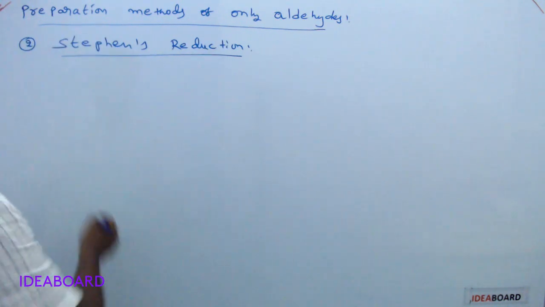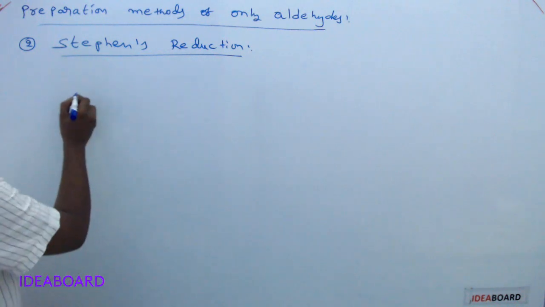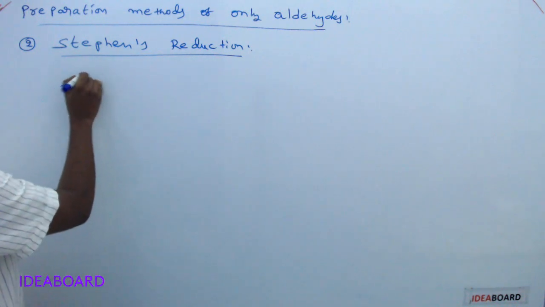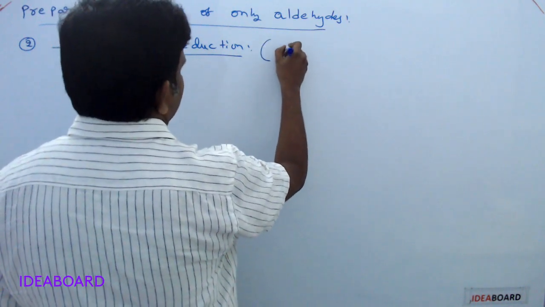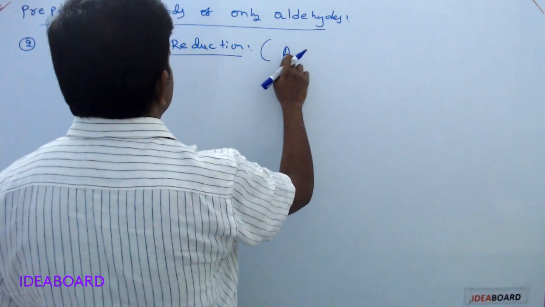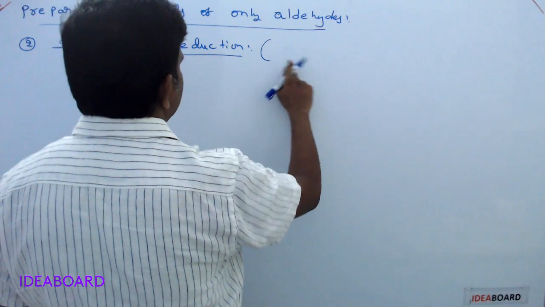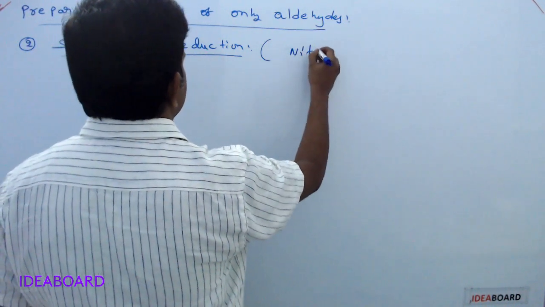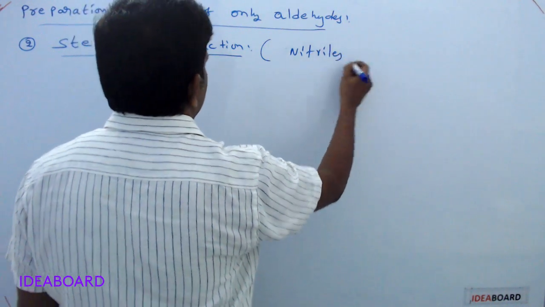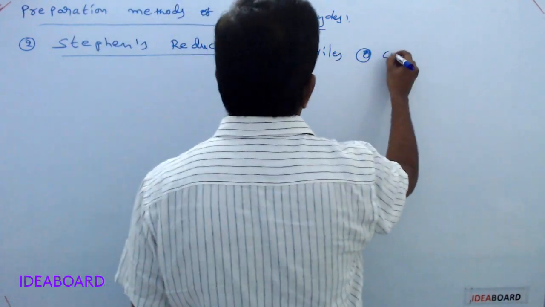The next method is Stephen's reduction. Here in Stephen's reduction, we are mainly using nitriles or cyanides.